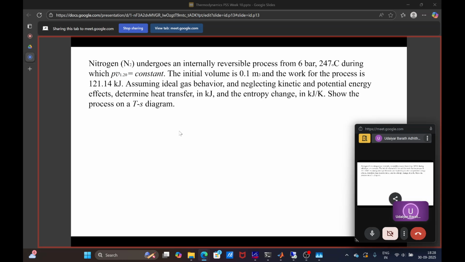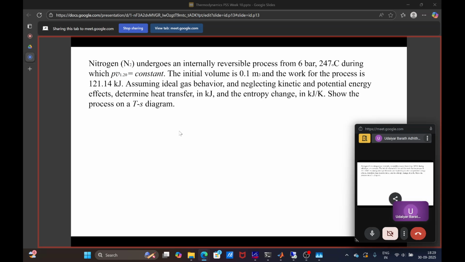So moving on, next question. We have nitrogen which undergoes an internally reversible process from 6 bar and 247 degrees Celsius, during which PV raised to power 1.2 equals constant.